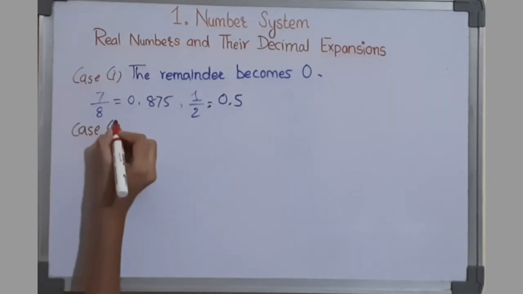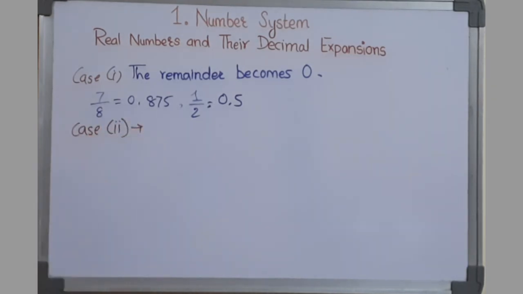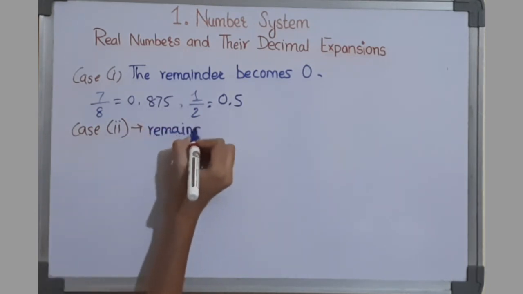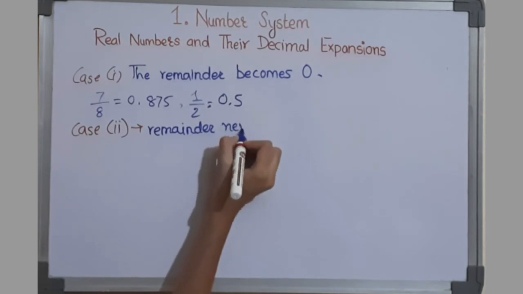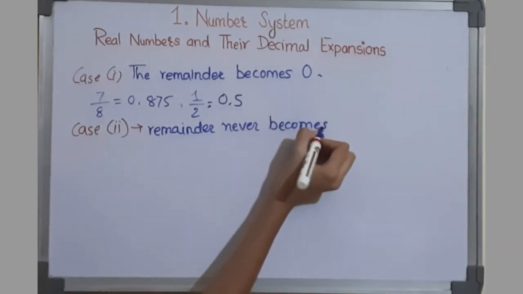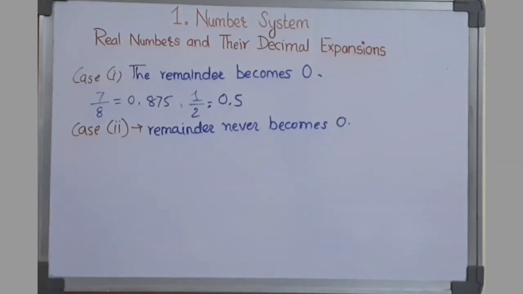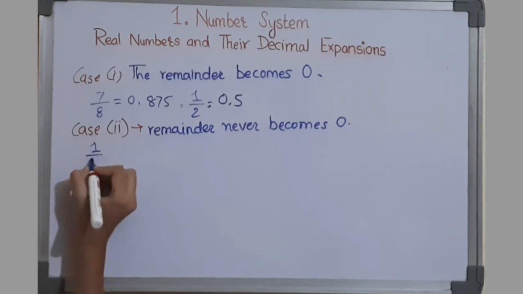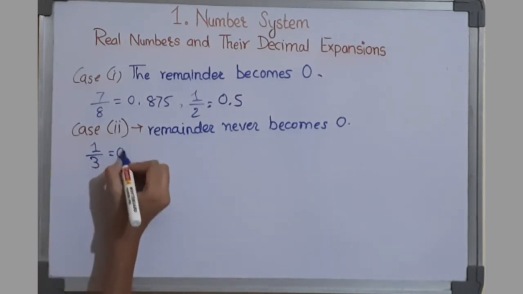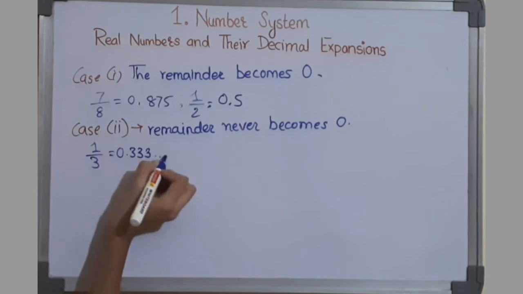Now here comes case 2. What is case 2? In case 2, the remainder never becomes 0. In the examples of 1 upon 3 and 1 upon 7, we notice that the remainders repeat after a certain stage. In 1 upon 3, it was coming 0.3333 and so on.